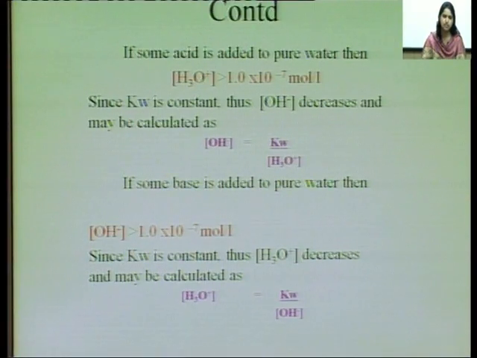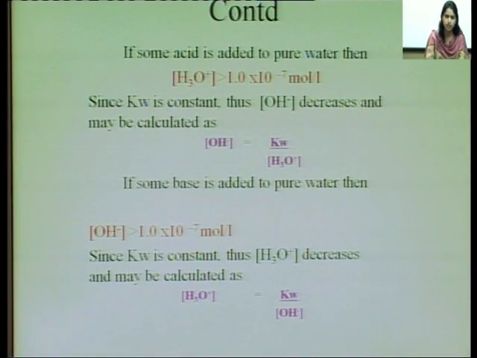If some acid is added to pure water, what happens? I have explained that in neutral water, the hydronium ion concentration is equal to the hydroxyl ion concentration, which is equal to 1 into 10 raised to power minus 7. But if we are adding acid, that means we are increasing the concentration of hydronium ion. So, when the concentration of hydronium ion exceeds 1 into 10 raised to minus 7 mole, then, as we know, Kw is constant.